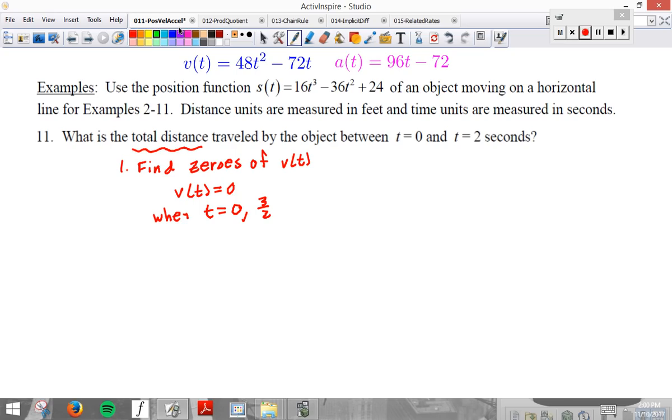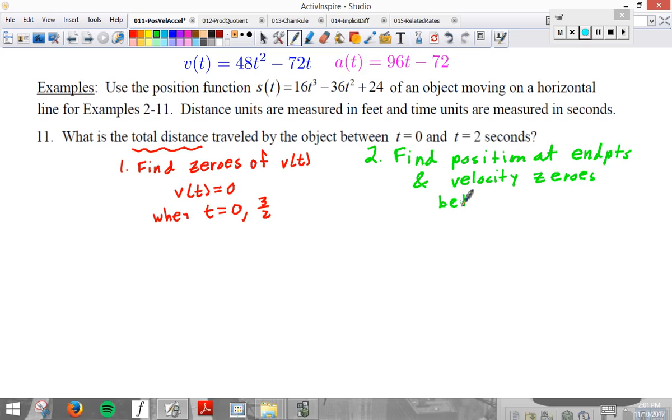Then find position at endpoints and velocity zeros between the endpoints.